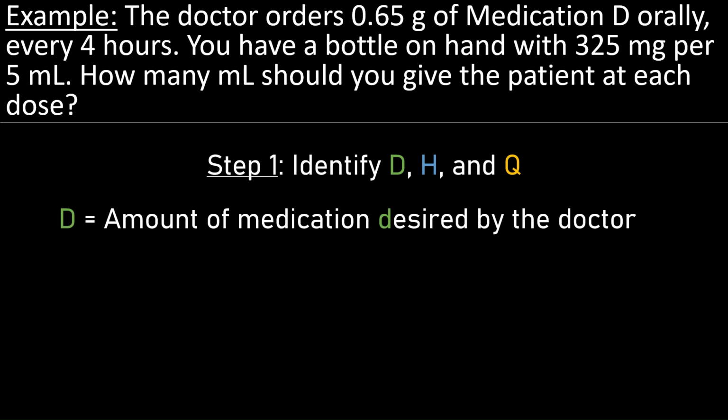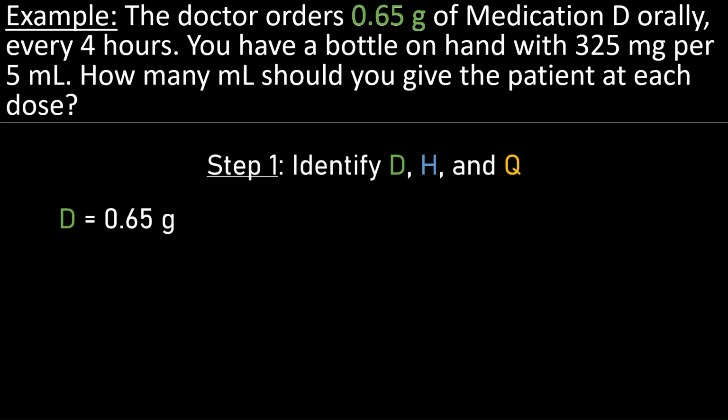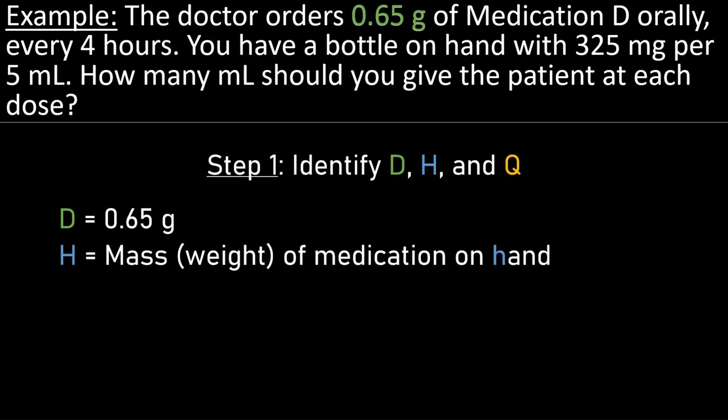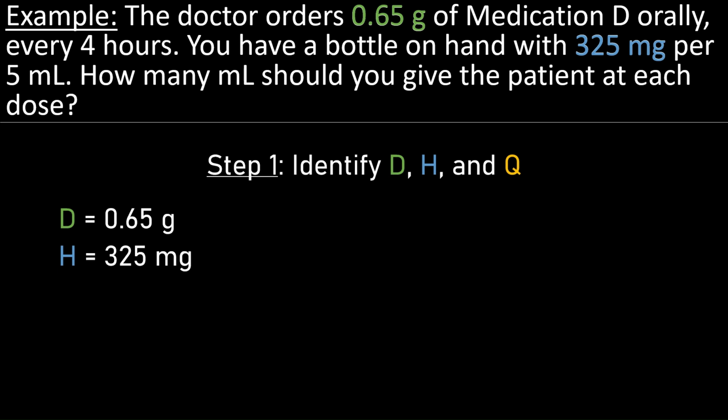D is how much the doctor orders, and we can see here that they order 65 hundredths of a gram for this patient, so we can substitute that in for D. Next is H, the dosage on hand, and we can see that the bottle on hand has 325 milligrams per 5 milliliters. Since H is just a number and a unit of mass, our H is going to be 325 milligrams.